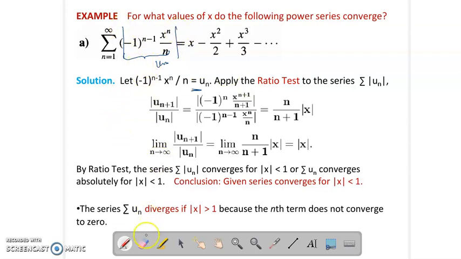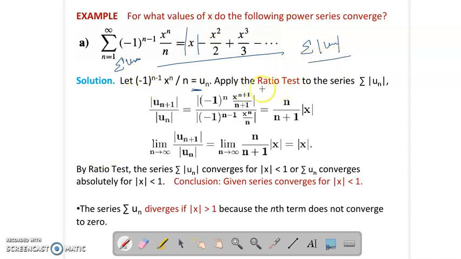We will carry out the tests on the series summation of mod of u_n, right? Now that you have mod of each of these terms, you can apply the ratio test, right?